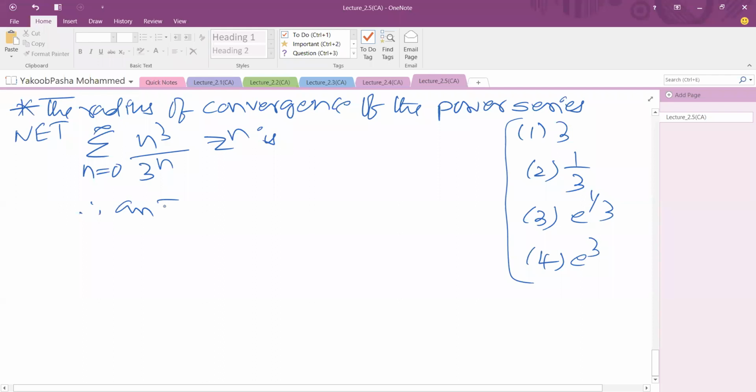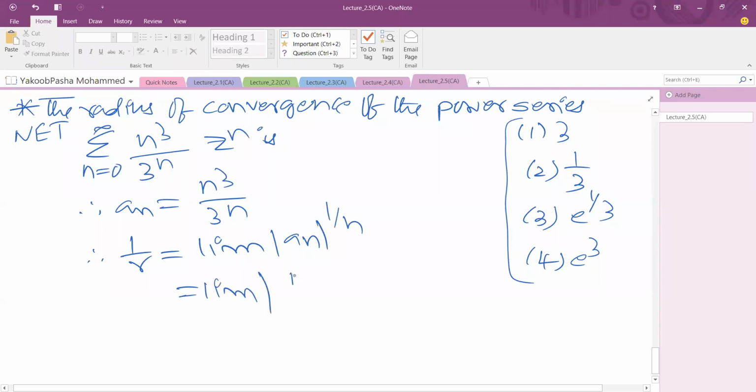So we can take an is equal to n cube by 3 power n. I am applying the root test here. That is, for the radius of convergence, 1 by r is equal to limit modulus of an power 1 by n, that is equal to limit of n cube by 3 power n whole to the power of 1 by n.